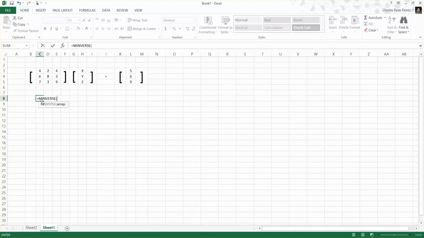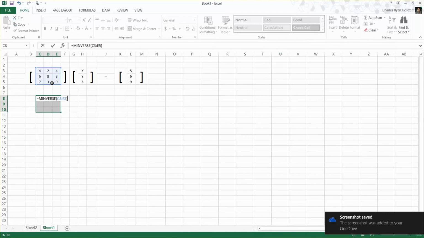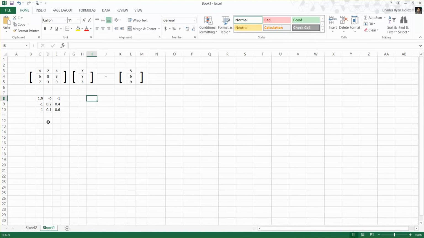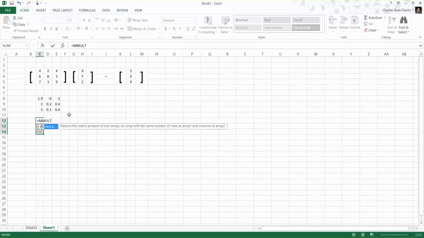So I'm going to select my cells. I honestly think it's easier that way. Select my matrix, Control Shift Enter. Okay, I guess I somehow took a screenshot. Control Shift Enter. And I have my inverse, and now for my solution, I'm going to select 3 cells, MMULT, my inverse matrix, and then comma, my B matrix, and Control Shift Enter.